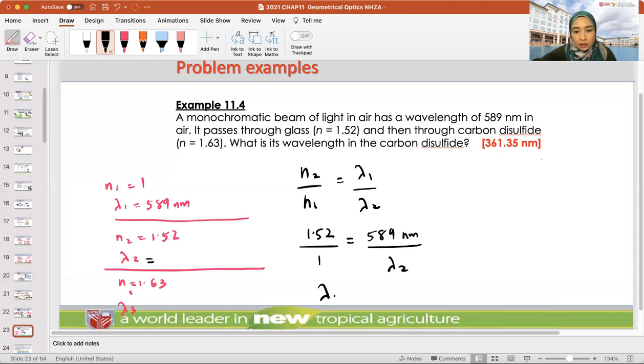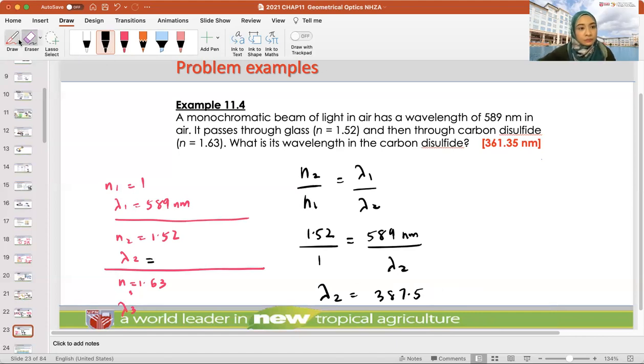So lambda 2 will become 589 divided by 1.52. So this becomes 387.5 nanometer.